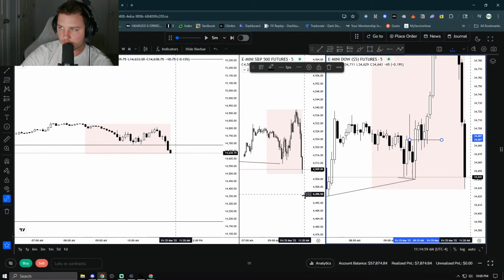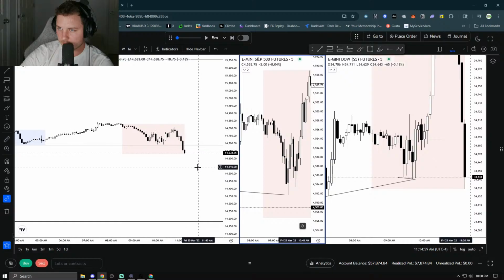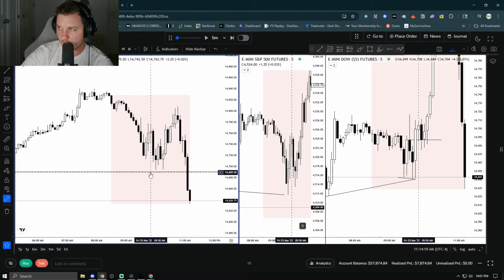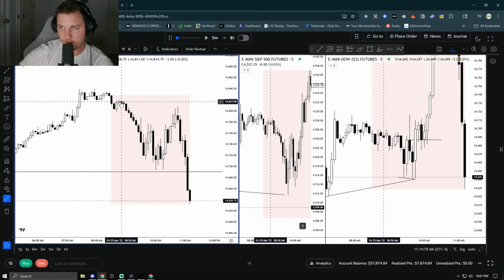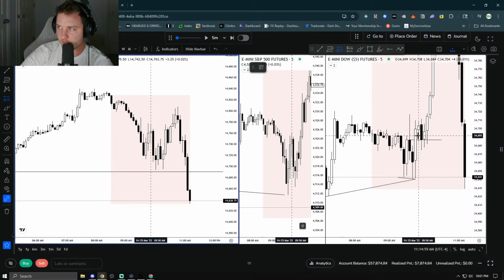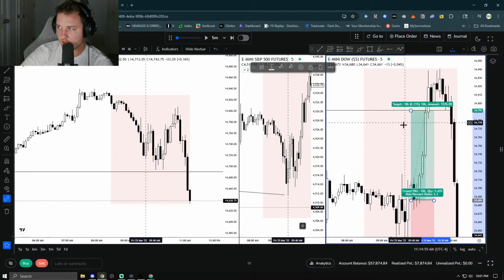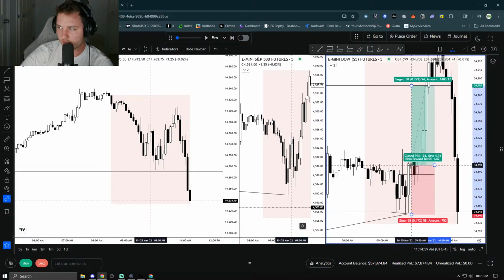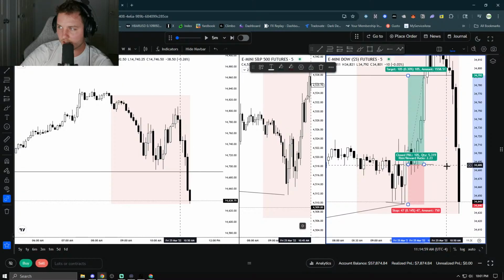CISD. Where's the CISD? All the way up there. CISD. We set a limit. Stops here. So we can get a better RR. Because look at this. 1.5. Bam. So we bottom tick there.